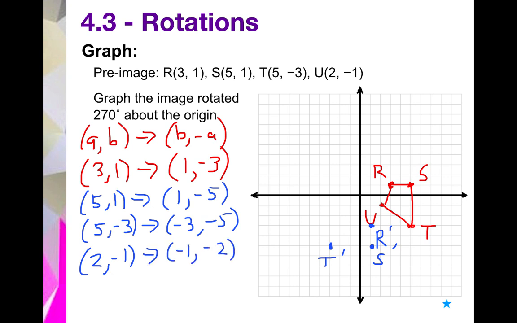Negative 1, negative 2, and that becomes my new U prime. So I connect these together and I get my new figure that's rotated 270 degrees from here to here. Much easier using rules than anything else. And we'll continue this conversation in the next video.